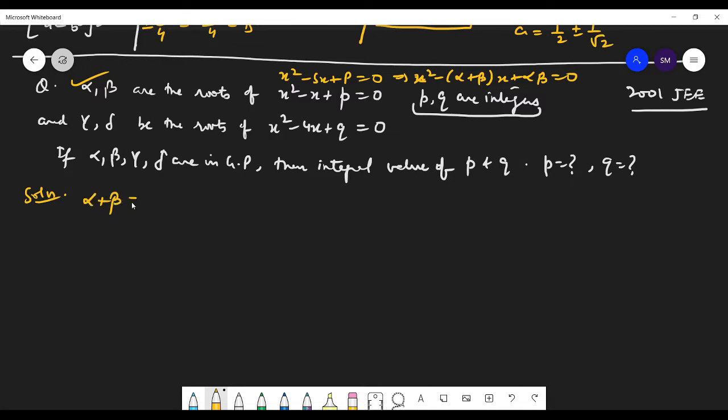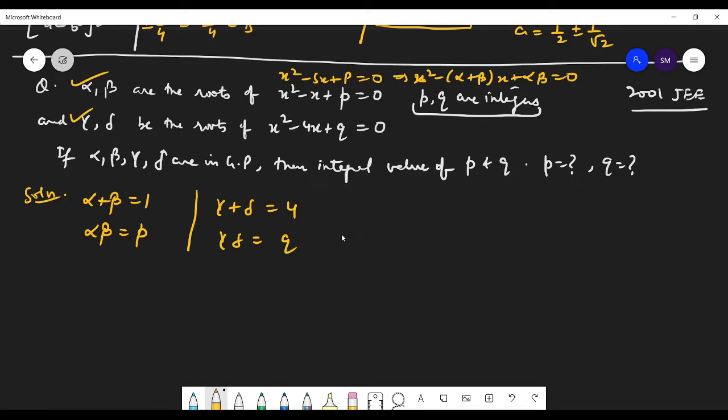Alpha plus beta equals to 1 and alpha into beta equals to p. And from the second equation, gamma plus delta equals to 4 and gamma into delta equals to q.